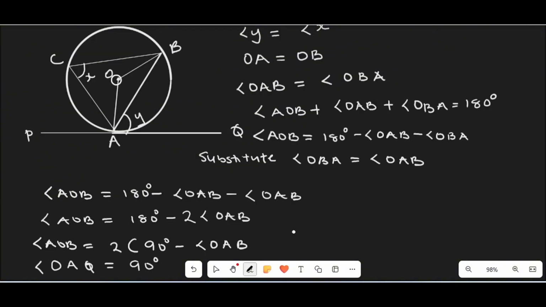Our angle OAQ is the summation of angle OAB plus BAQ. Angle OAQ equals angle OAB plus angle BAQ.